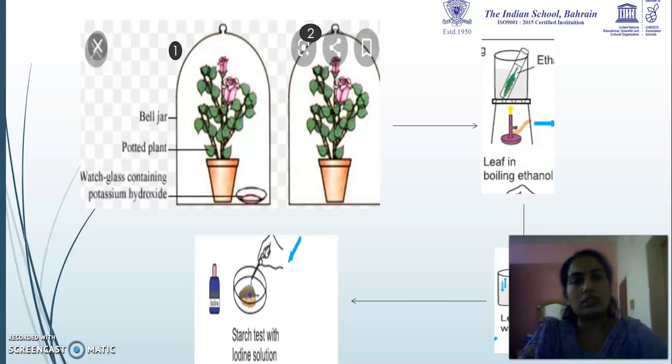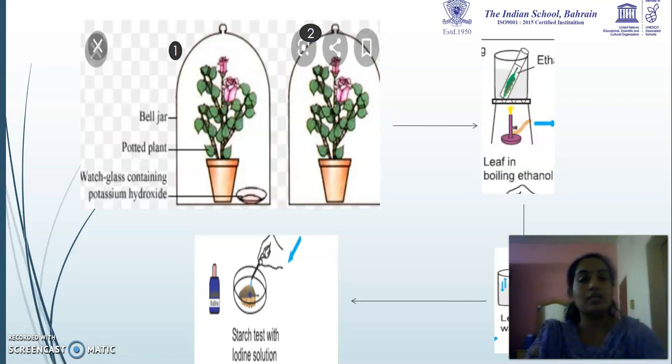So it shows that in the second one, starch is present, and in the first one, starch is not present. Why is starch not present in the first one? What is the difference in the situation in both these plants? You can see that only in the first one, potassium hydroxide is kept and potassium hydroxide absorbs carbon dioxide. So it is very clear that the plant is not able to perform photosynthesis because there is no carbon dioxide present.